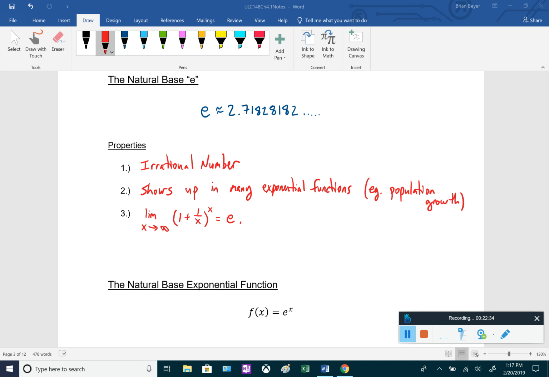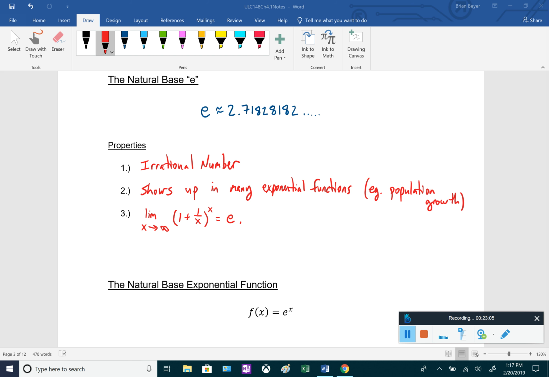If you have the expression 1 plus 1 over x raised to the x, and you start plugging in numbers that are getting larger and larger, so plug in 100, plug in 1,000, plug in 1,000,000, plug in 10 trillion, that number that you get after you plug it in is going to approach 2.7182818, and so on. So that number is going to approach e as the x values get larger and larger, meaning as x goes to infinity.